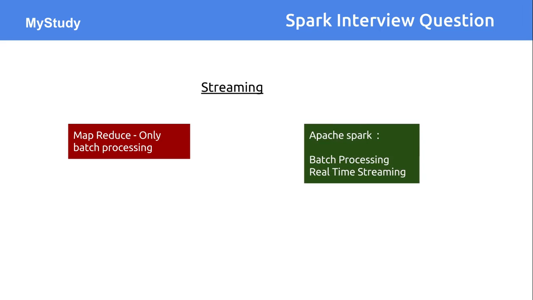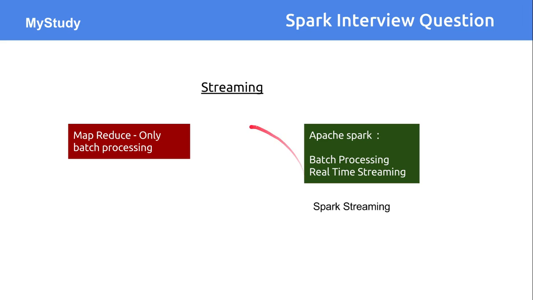But Apache Spark supports both batch processing and real-time streaming processing. It can read data from the local hard drive or a remote location, from a columnar database like HBase, or from the Hadoop distributed file system, and for real-time streaming, Spark Streaming is available.